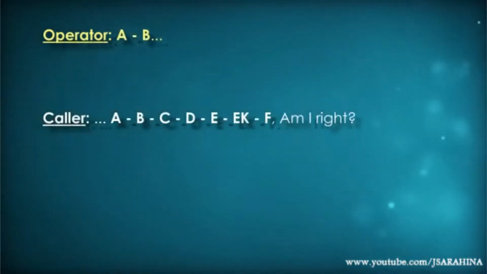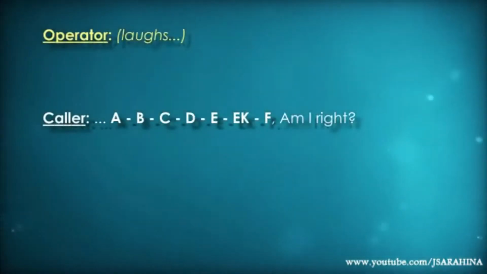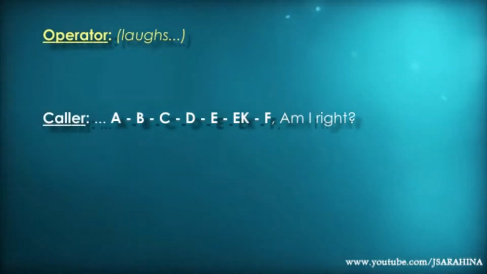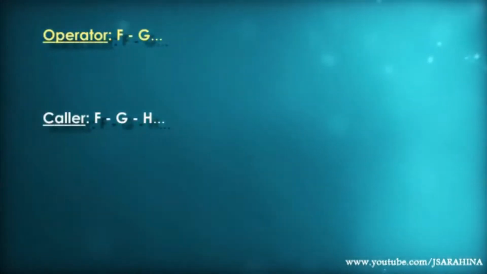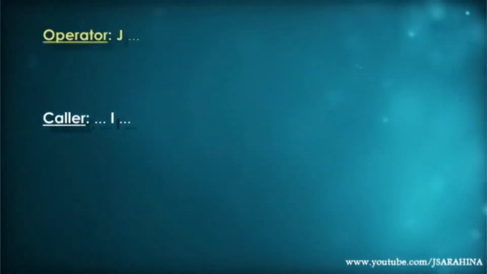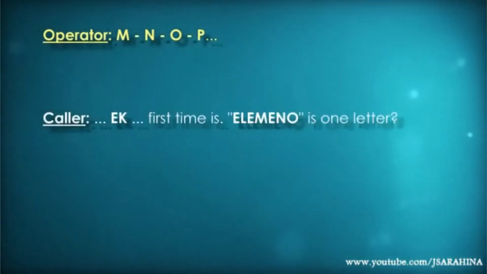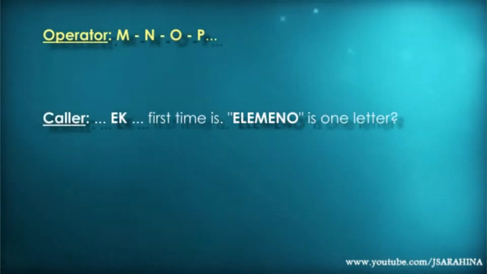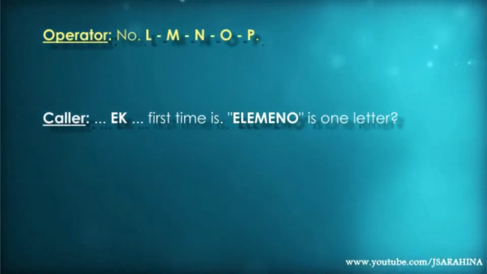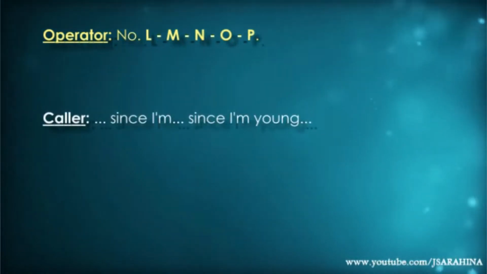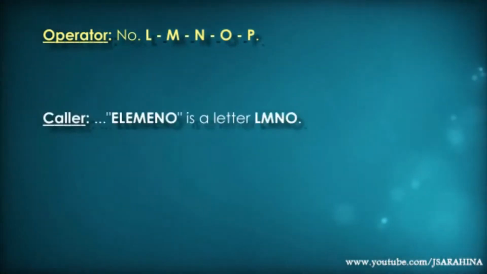A, B, C, D, E, F, F now, right? F, G, H, I, J, K, L, M, N, O, P. I don't understand. LMNO is one letter. No, L-M-N-O-P. Since I'm young, LMNO is a letter.